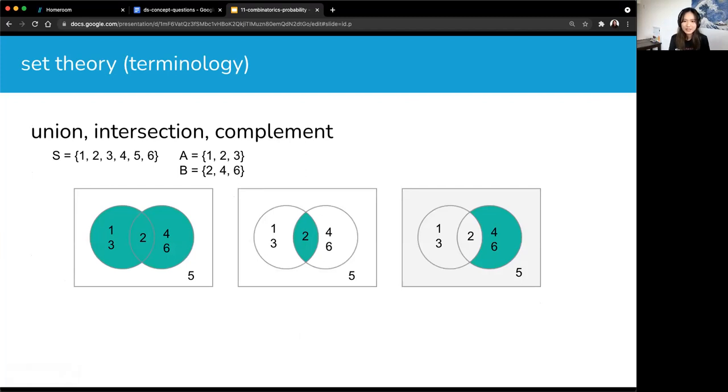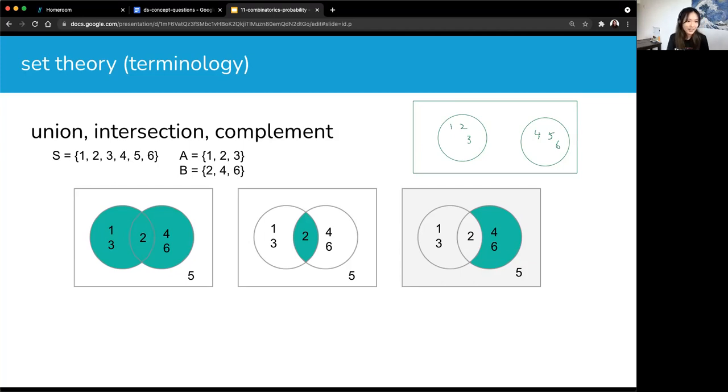If I had a slightly different Venn diagram where the circles are completely separate, and in this example, there's 1, 2, 3, and in this one, there's 4, 5, 6, as long as they don't intersect, the probability of them together is just the sum of the probabilities.